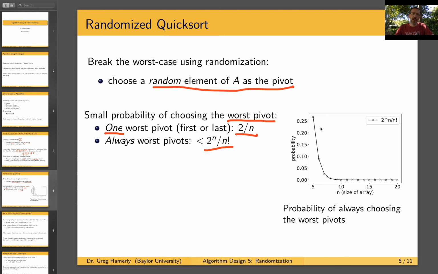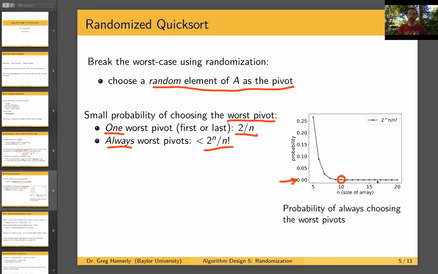And again, this is an upper bound, and that's for always choosing the worst pivot of the first or the last. The probability that we do that randomly basically goes to 0 as soon as we hit n equals 10, right? This is 0 probability, and we basically get there. So there's basically no chance that you'll always choose the worst case pivot every time, and that's pretty good.